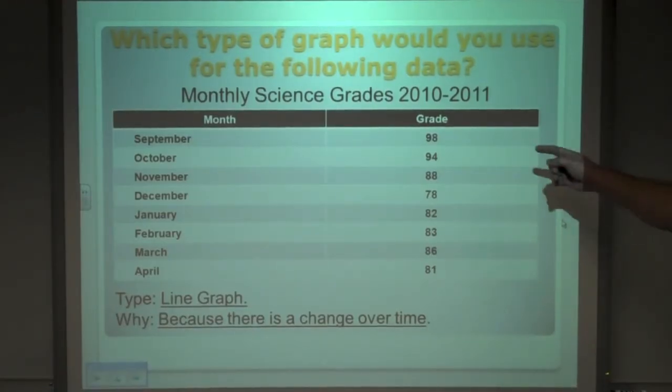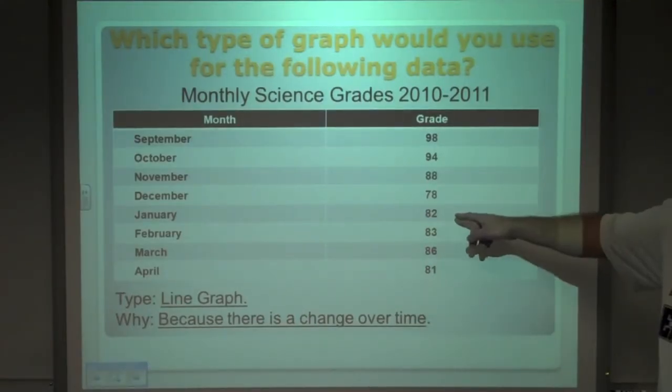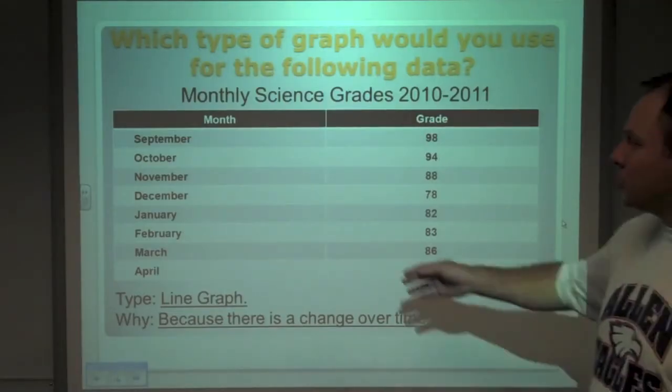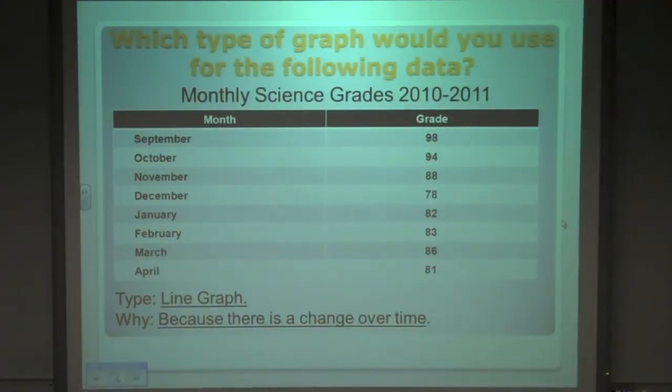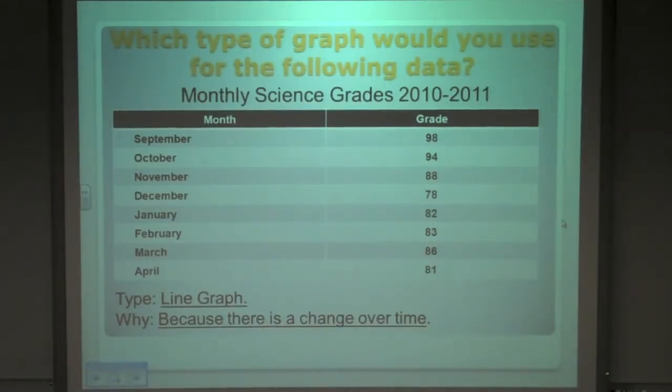Goes down slightly in October, goes down a little bit more in December, and a little bit more in January, but then we get a boost and on up. Okay? So here we're looking at a change, how the grade is fluctuating up and down. We're not only looking at a change, but we're looking at a change over a specific time period. So anytime we're looking at a change over time, we would use a line graph to display that information.